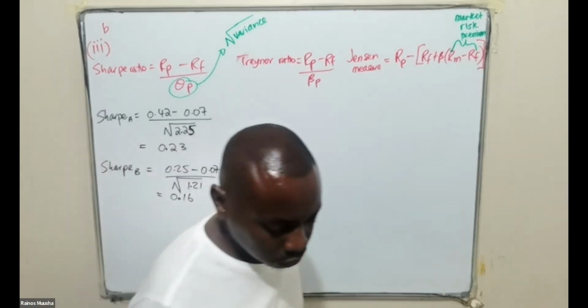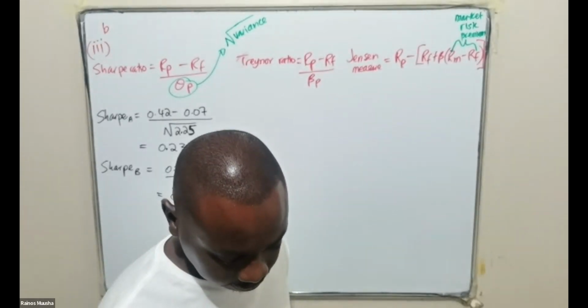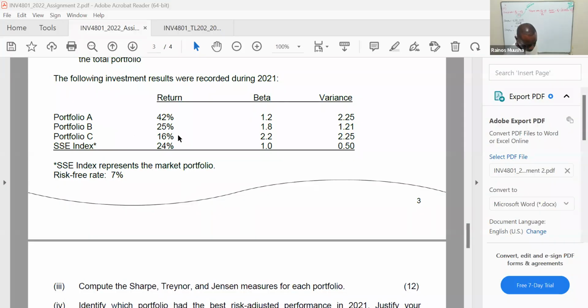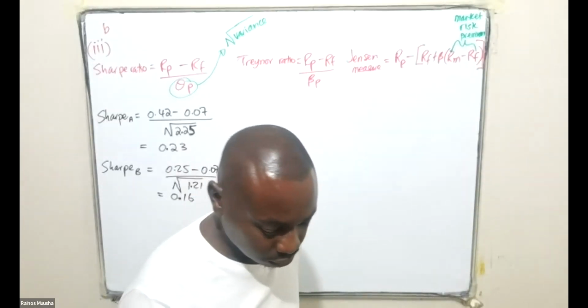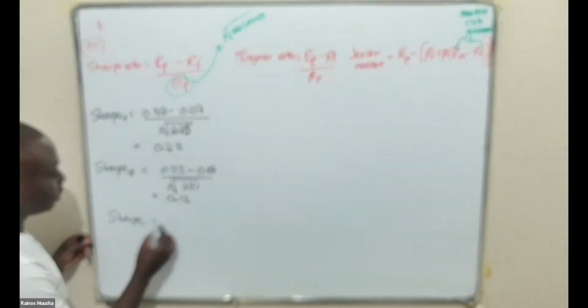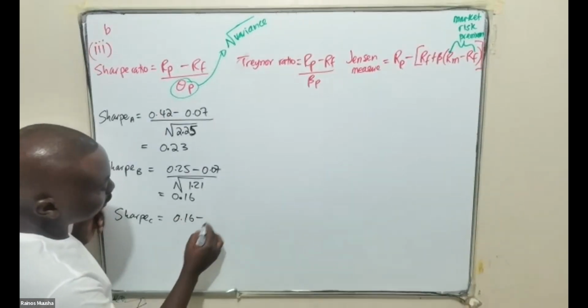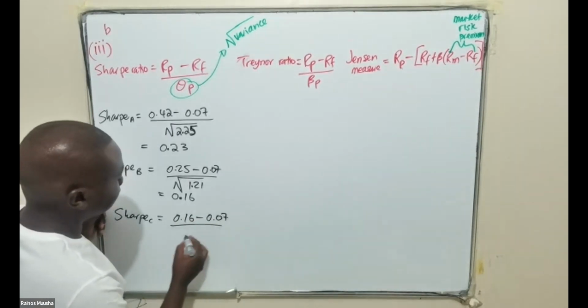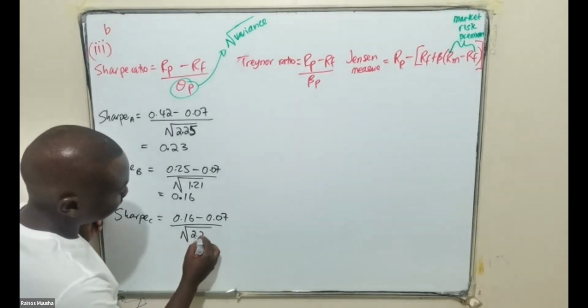Next, we also look at portfolio C. For portfolio C, they gave us that information and they say the return is 16%. Remember, your risk-free rate is 7%. And then they tell us that the variance is 2.25. So your Sharpe ratio for portfolio C would be your return of 16%, which is 0.16, minus your risk-free rate of 0.07, divided by the square root of your variance, which in this case is 2.25.